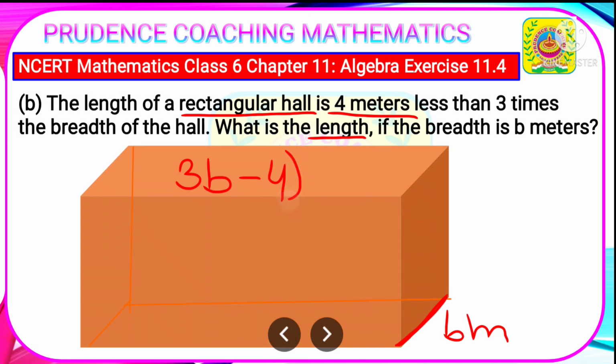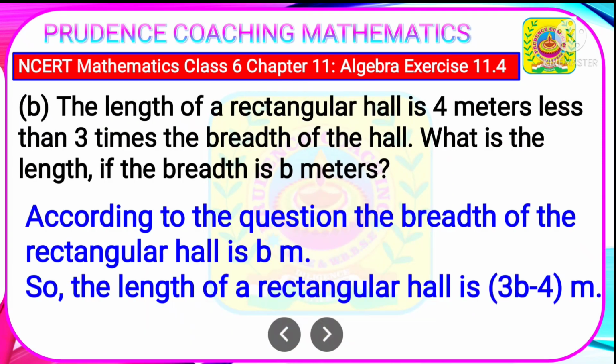So the length will be 3b minus 4 meter if the breadth is given to be b meter. So how are we going to represent this answer?